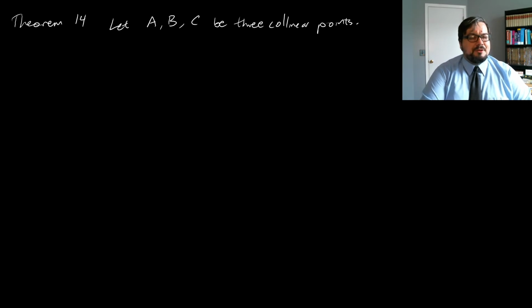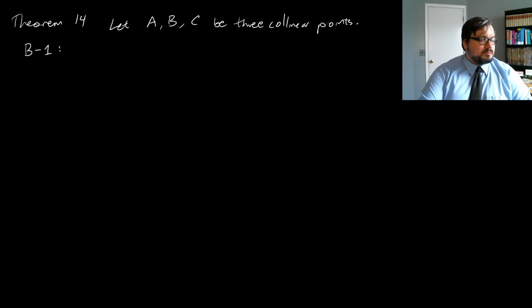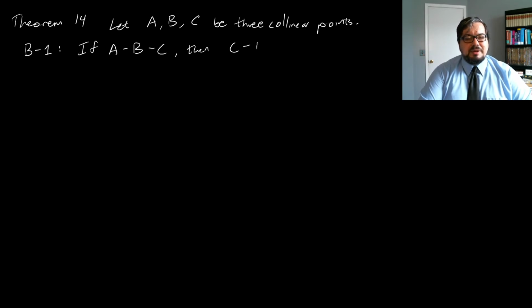Then we have a few different pieces here, which we'll label B1 through B4 because they are our most basic betweenness results that we'll want to reference reasonably often. So first of all, if B is between A and C, then B is between C and A. In other words, the betweenness relationship is symmetric in the outer points.